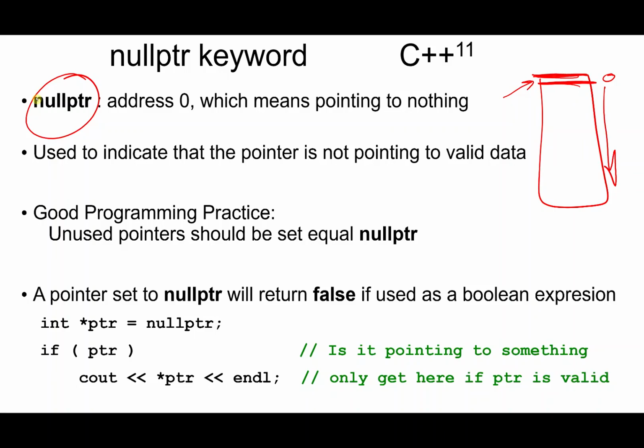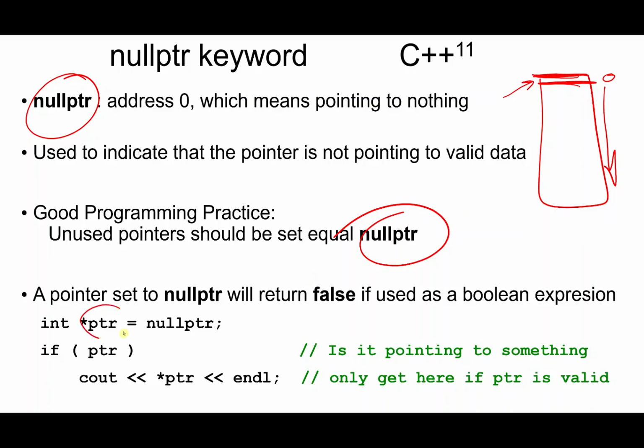So good programming practice, something you get used to, is whenever you have unused pointers, you set them equal to nullptr. A pointer set to nullptr will return false if used as a Boolean expression.